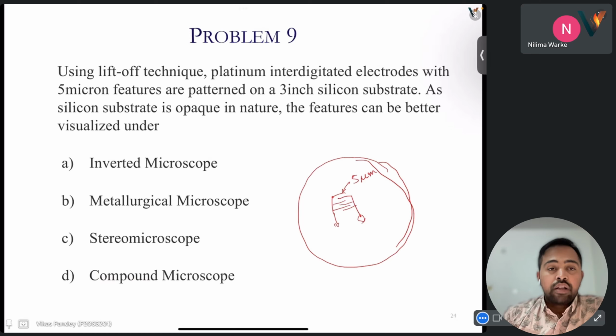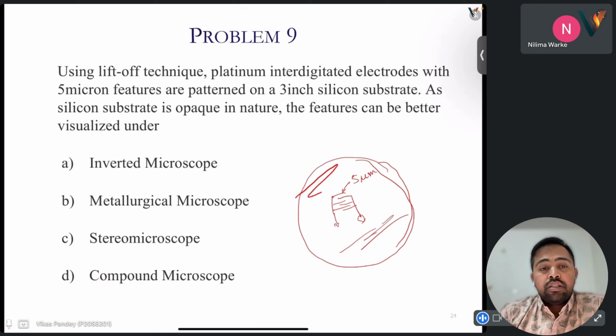Okay, silicon substrate is opaque in nature, we cannot see through it, right? The feature can be better visualized under which of the following: inverted, metallurgical, stereo, or compound microscope.